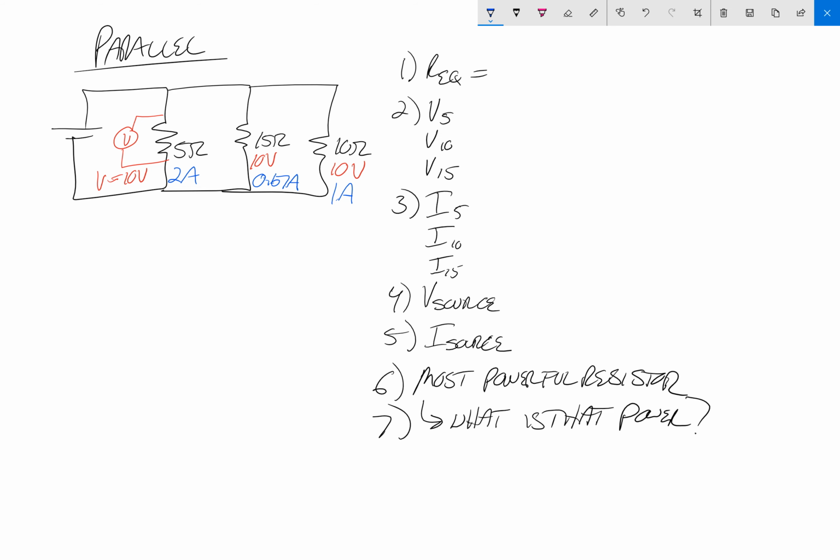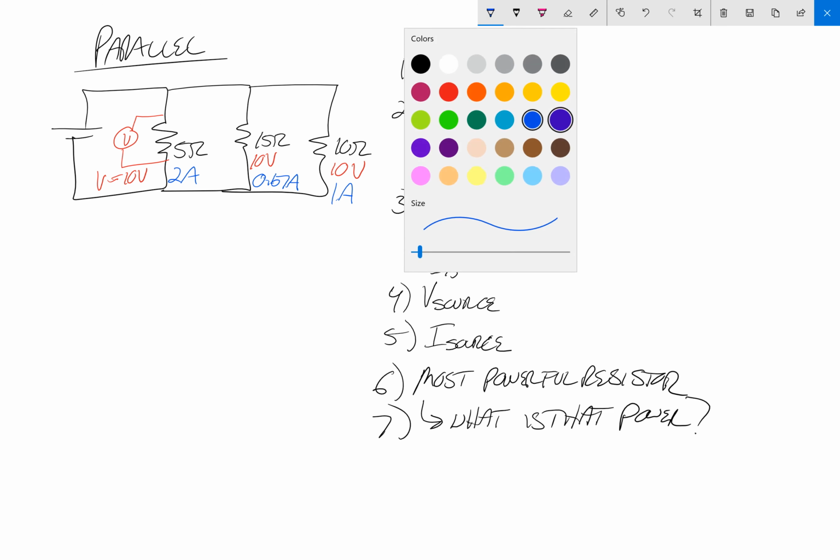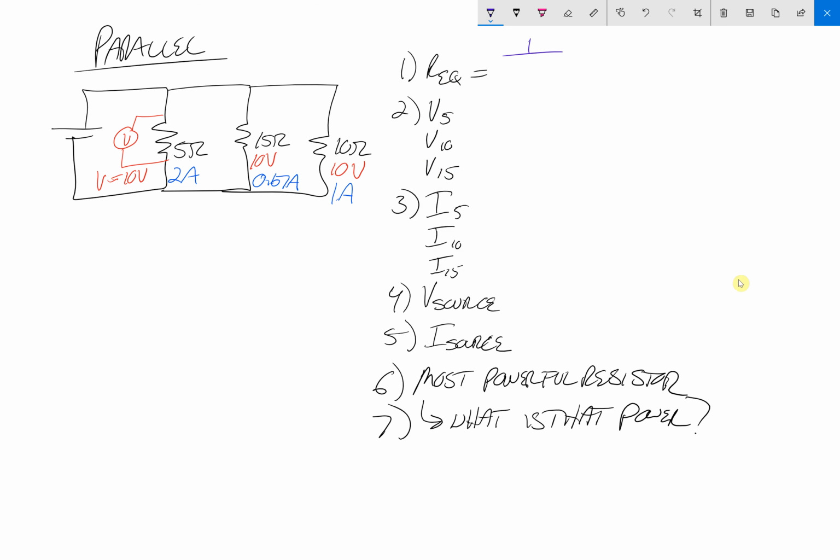We can now find the total resistance of our circuit, which would be 1 over 5 plus 1 over 15 plus 1 over 10. And unfortunately, I don't have a calculator on me. How funny. So give me a second and you could be mad at me later. So this would be 6/30 plus 2/30 plus 3/30.